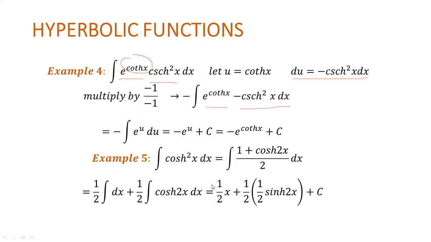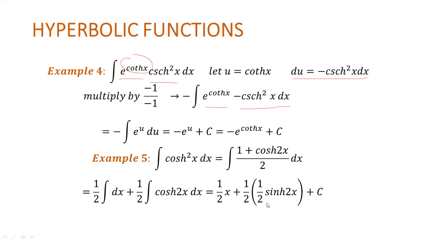This will have an integral which is 1/2 x, and the hyperbolic cosine will have a hyperbolic sine as long as the derivative of the 2x here is complete. In this case, you don't have a 2. It should be a 2 dx. So you introduce the 2 here and you write another 1/2 before the integral. That's the reason why you have here 1/2 times 1/2.